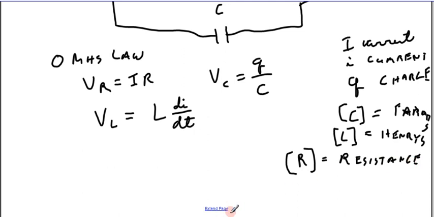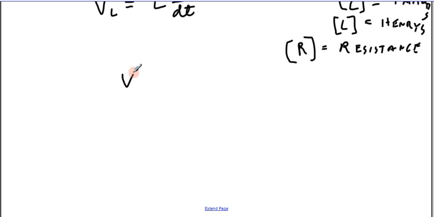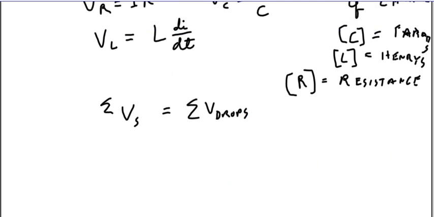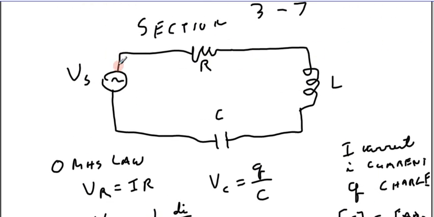We also know that the summation of the voltage of the sources has to equal the summation of the voltage drops. So as I go around my circuit, I start someplace and I go down, I go down, I go down, I go back up.